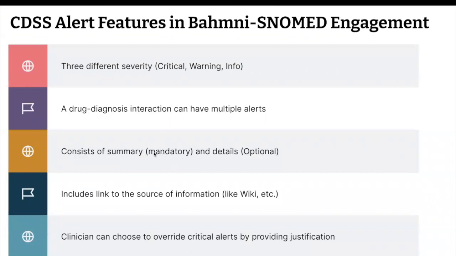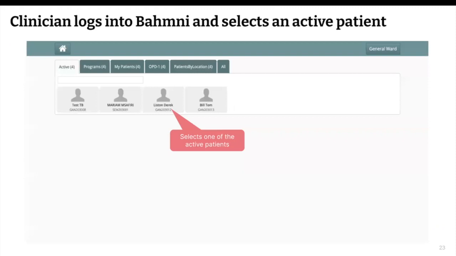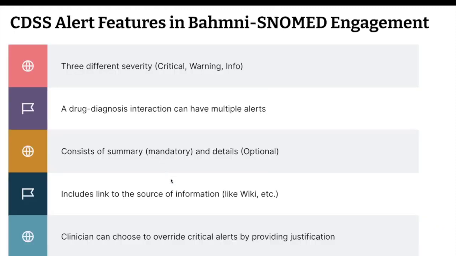The summary is mandatory, and if the user wants to see more details of it, they can click on the lower arrow button and get the details. It also has the link to the source of information. And the last, the clinician can choose to override the critical alerts by providing the justification.